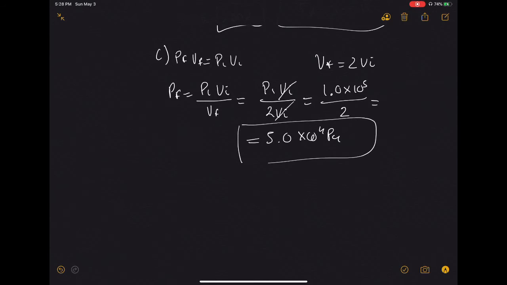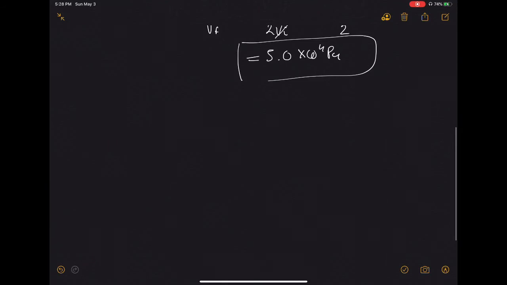So that's part C. For part D, it says if the gas is allowed to expand to twice the initial volume, find the final temperature in kelvins of the gas if the expansion is isobaric.